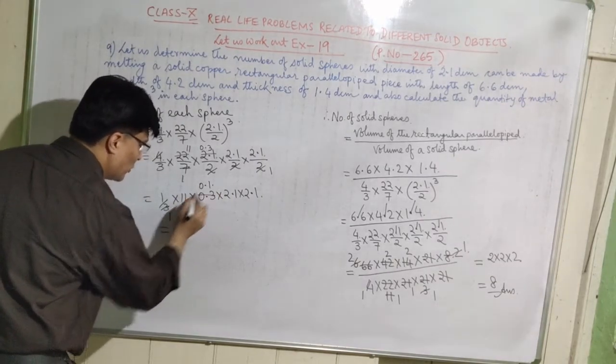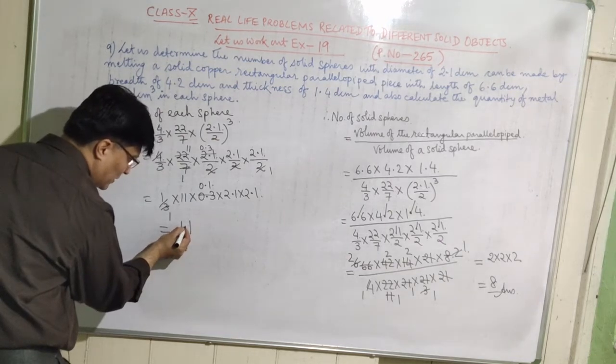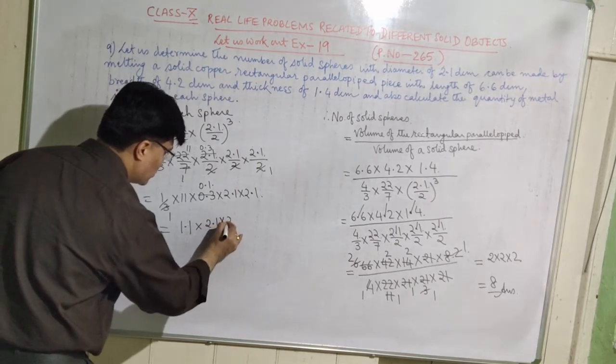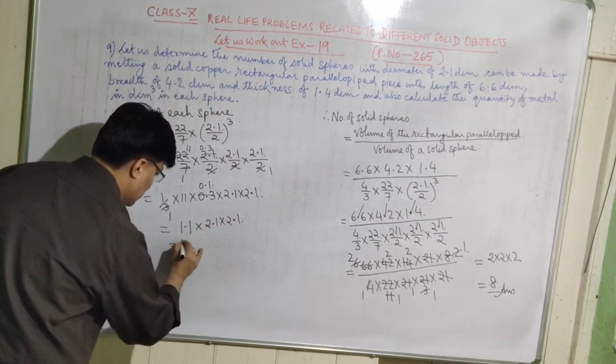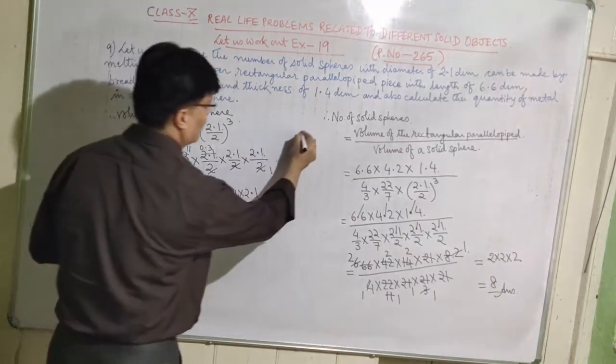So after the decimal point there is one figure. You have to write down the decimal point before one figure from the end, that is 1.1 into 2.1 into 2.1. Let us multiply 2.1 into 2.1.